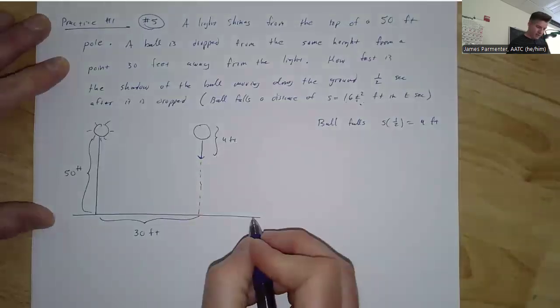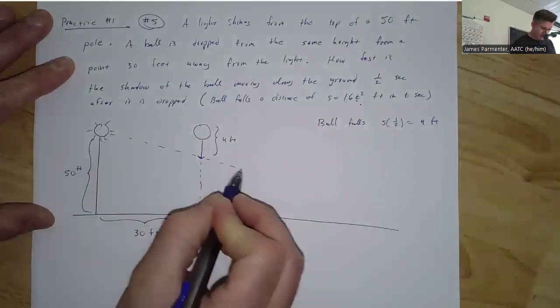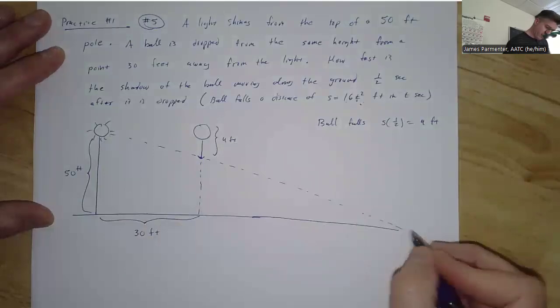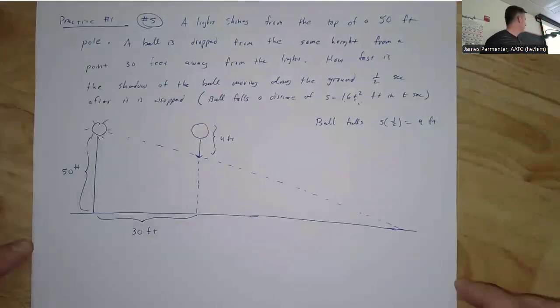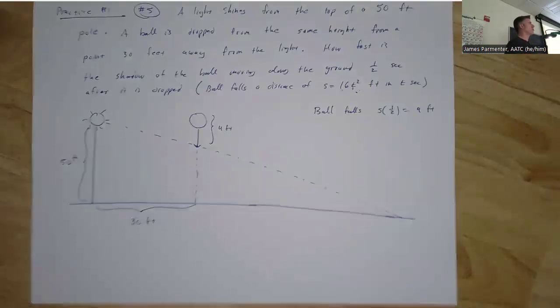And what we're asking is, how fast is the shadow moving? First of all, one question I'm curious about: is the shadow going to be getting longer or shorter? Shorter. So just something to think about.